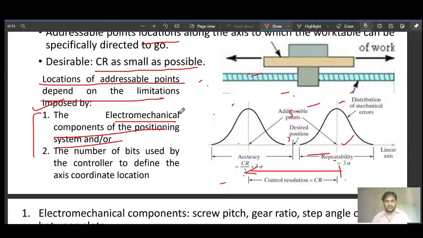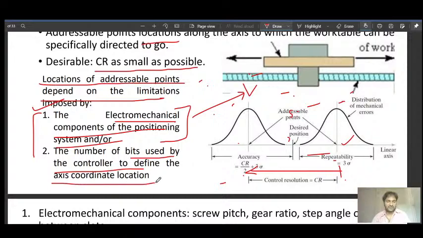So whatever electrical and mechanical components we are using, and then the number of bits used by the controller to define the axis coordinate location. So this one is for component parts and this one is the software part, or MCU part, you can consider it.